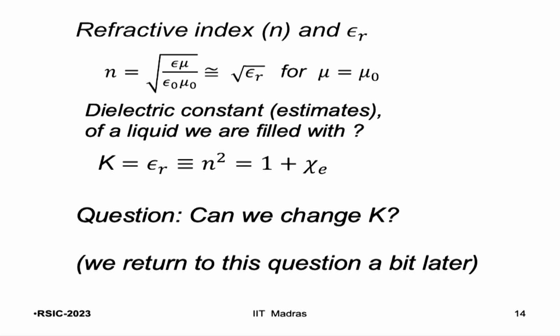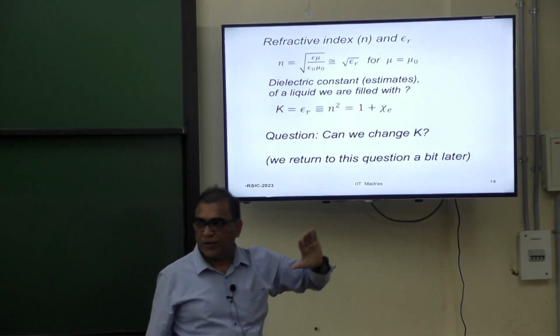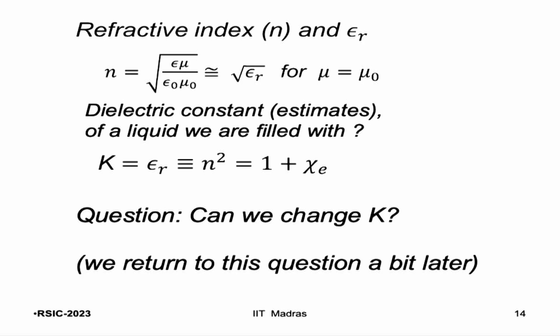And this susceptibility becomes very important at some stage where you work later. The question here is, can we change the dielectric constant of any liquid or any material? If we can change it, then we can change the susceptibility. Okay, that question probably will not be answered, but we'll see.